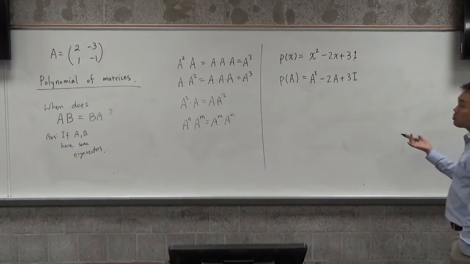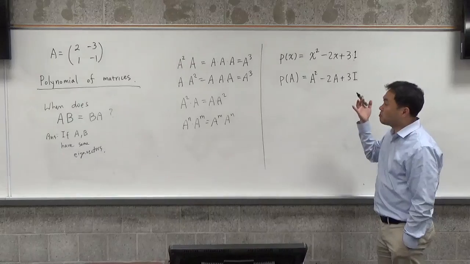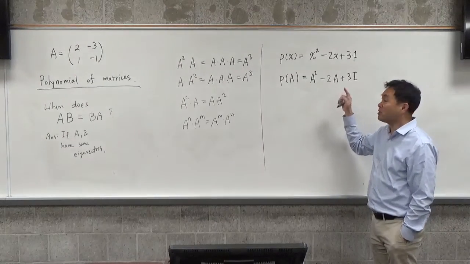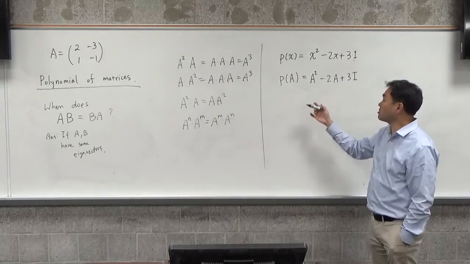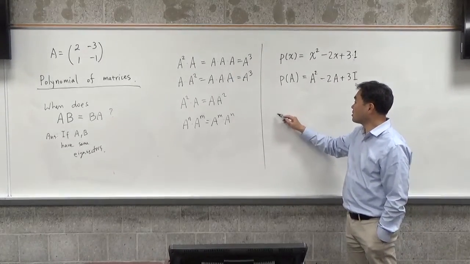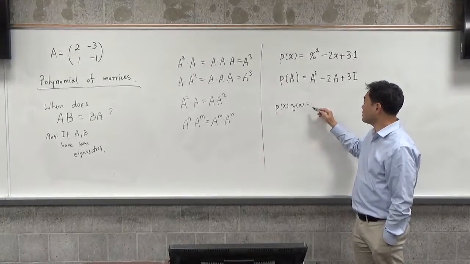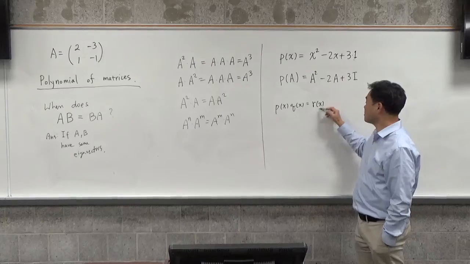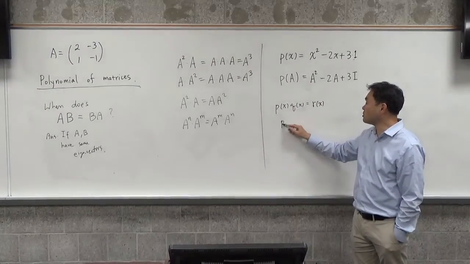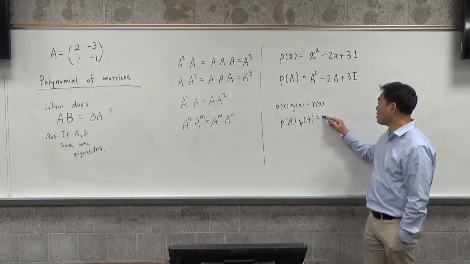And that's called the polynomial of matrices. Because now, if you only limit yourselves to powers of A, then if p(x) times q(x) is r(x), for polynomials p, q, and r, it will still be true that p(A) times q(A) is equal to r(A).